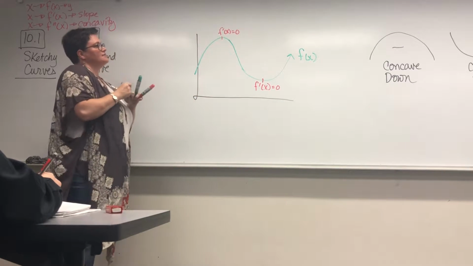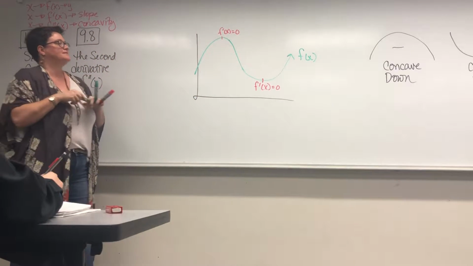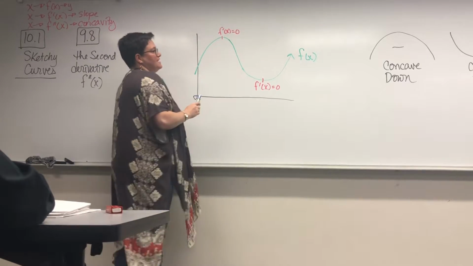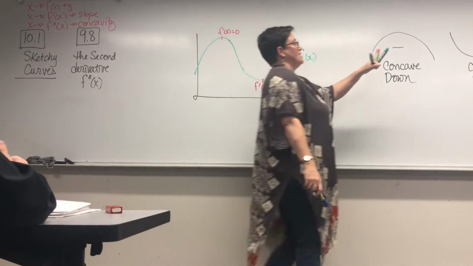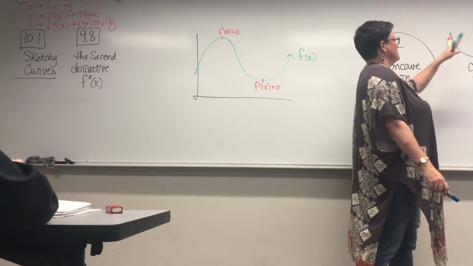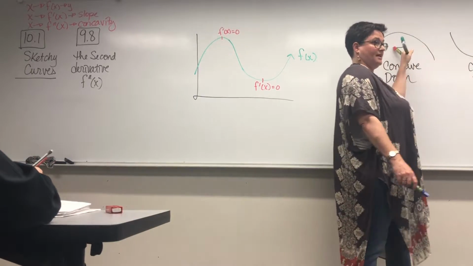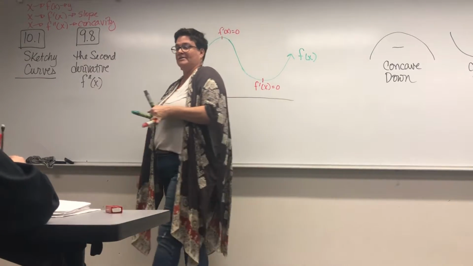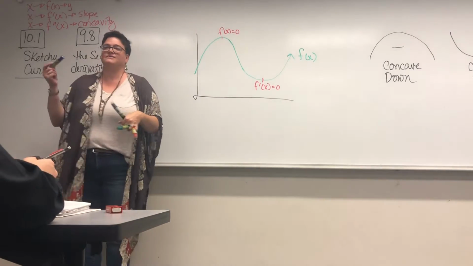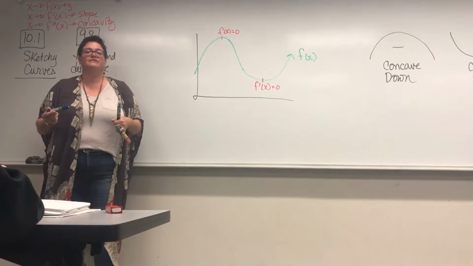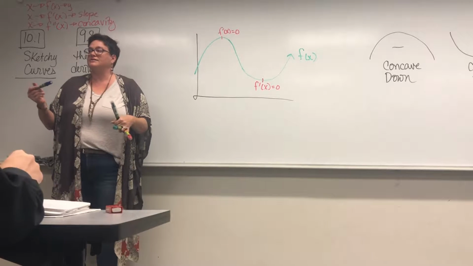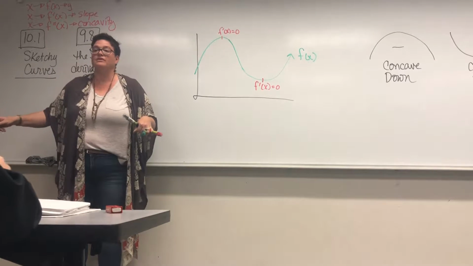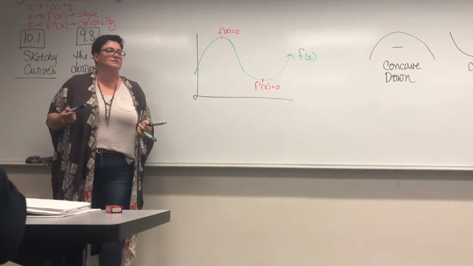Now, with the second derivative, we're looking for the places where the concavity is 0. And anytime you switch from concave down to concave up, or concave up to concave down, you have to cross the axis, right? So for graphing x versus concavity on the second derivative, remember, just like x versus slope, where the derivative crosses the x-axis, that's where the slope is 0.